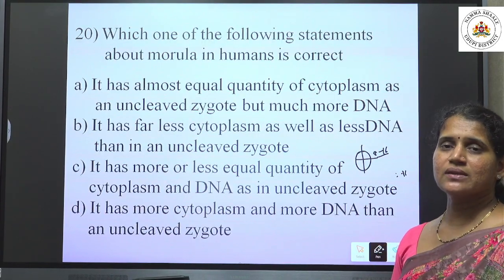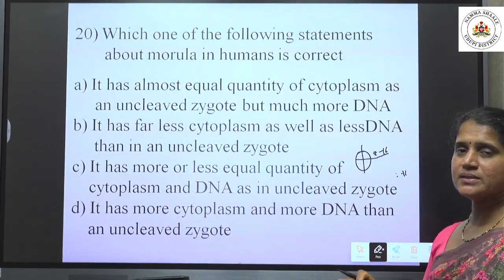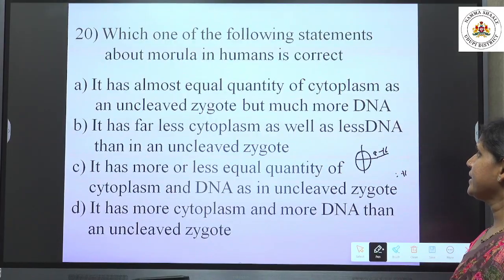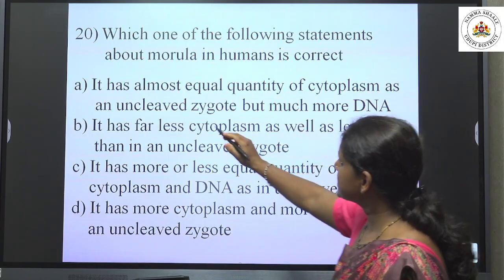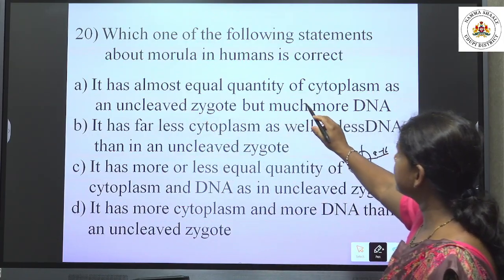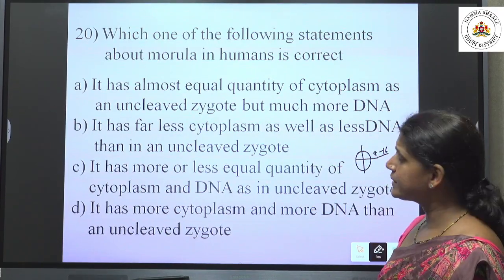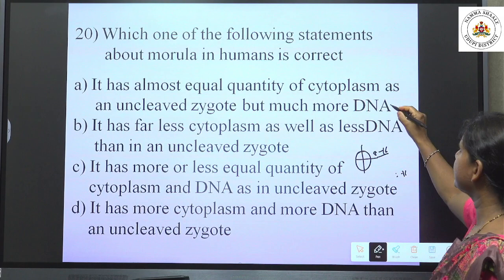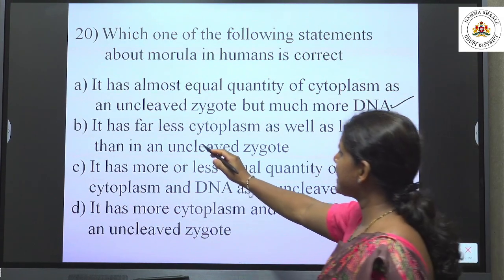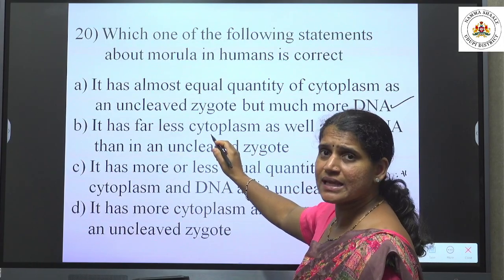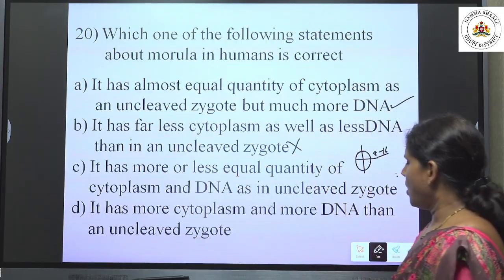So during the cleavage, the cytoplasm amount remains the same, but the DNA amount increases. So here the first option, it has almost equal quantity of cytoplasm as the uncleaved zygote, but much more DNA, is the correct answer. Option B, it has far less cytoplasm. It is not less cytoplasm, it is an equal amount, so this option is wrong.